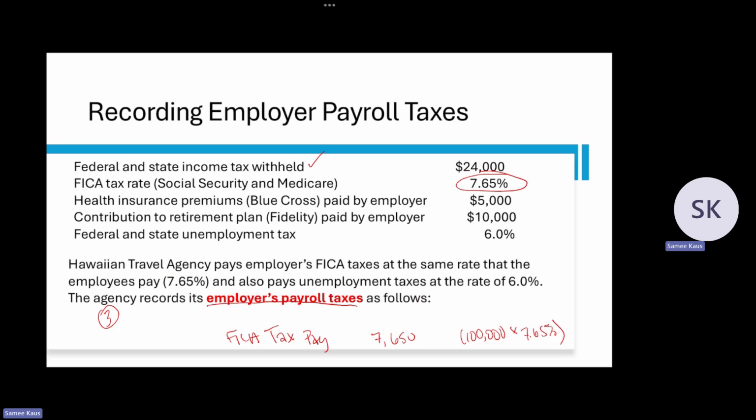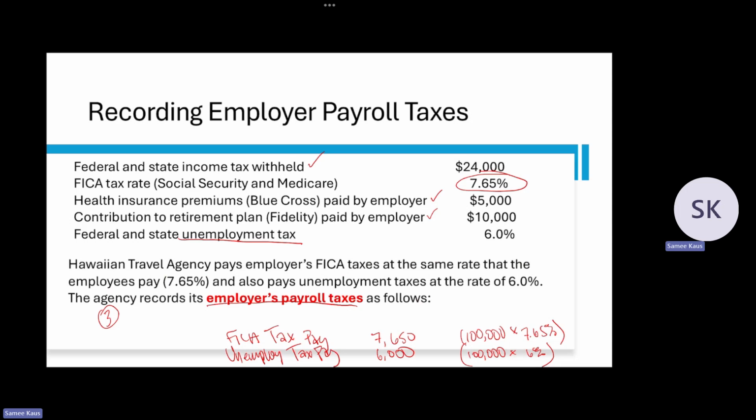Now, I took care of my fringe benefits on the last slide, but here I have that unemployment tax, and I know that the employer pays unemployment tax. So I'm going to have an unemployment tax payable for the amount of 6% on the $100,000 of salaries that I have. So I have $6,000 in unemployment tax payable.